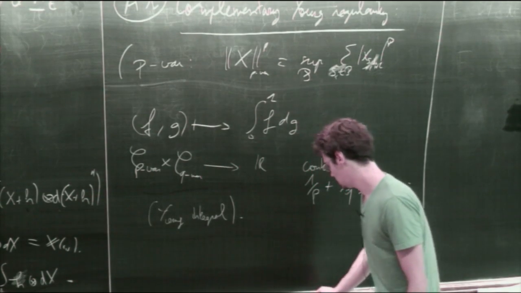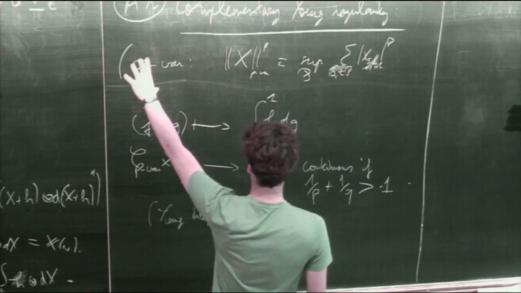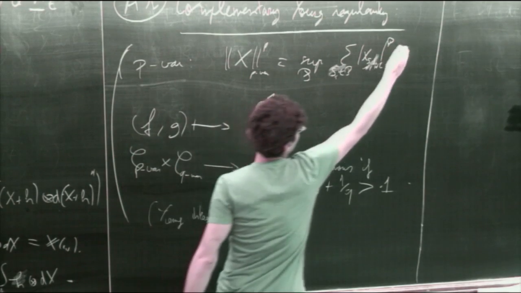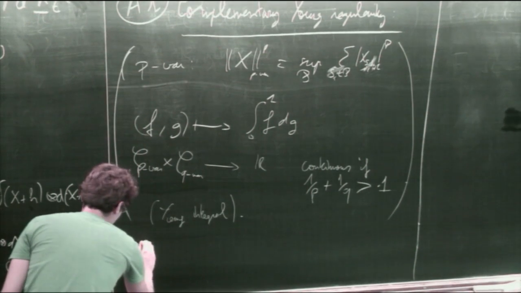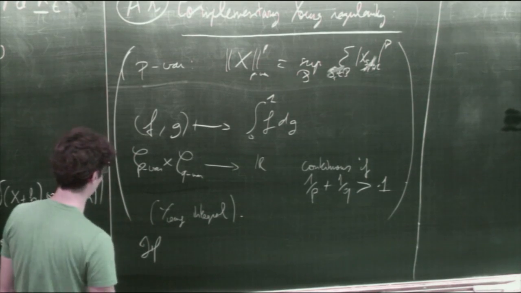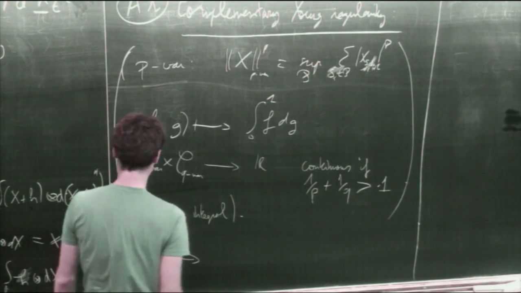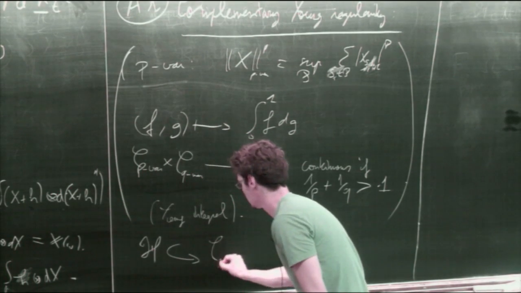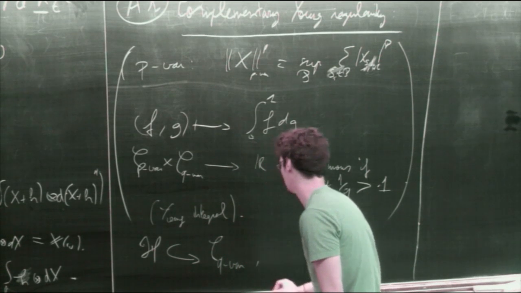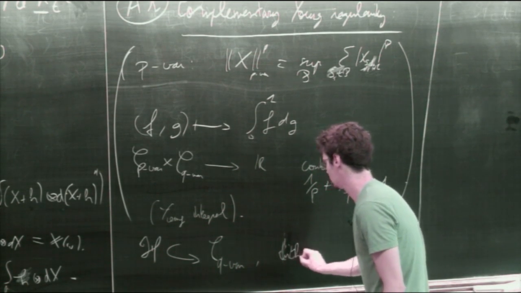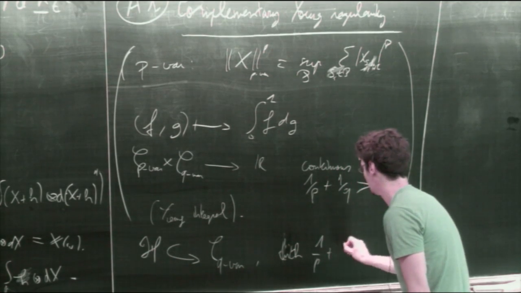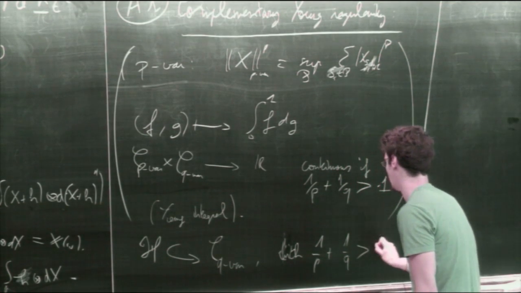So this was just a parenthesis, but the real assumption is that H, the Cameron-Martin space, is continuously embedded into paths of q-variation with 1 over p plus 1 over q strictly greater than 1.